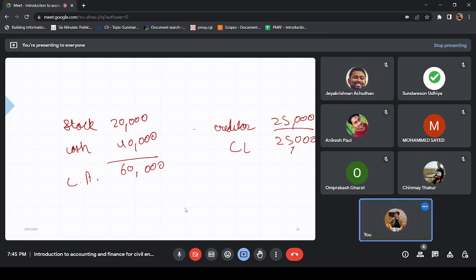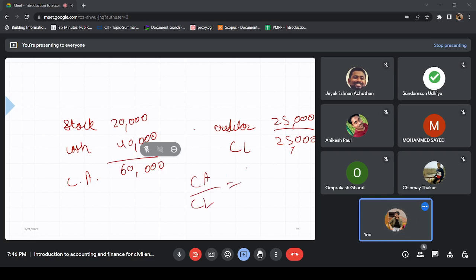Okay. So, what you have done is you have just moved one step further in this case. If you have the ratio of current assets by current liabilities, in this case it is 60 by 25, right?